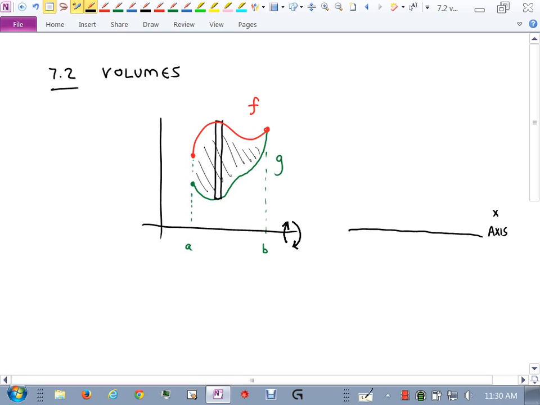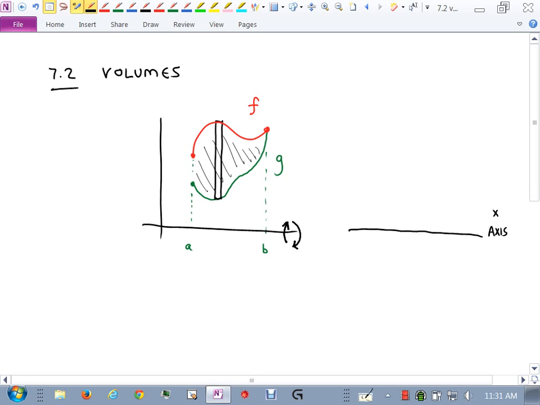That represents that I'm doing a rotation about the x-axis. So the whole thing is going to go like that. What we call the axis of rotation here is the x-axis, right? Or you could say y equals 0. y equals 0 is the x-axis, so our axis of rotation is y equals 0.